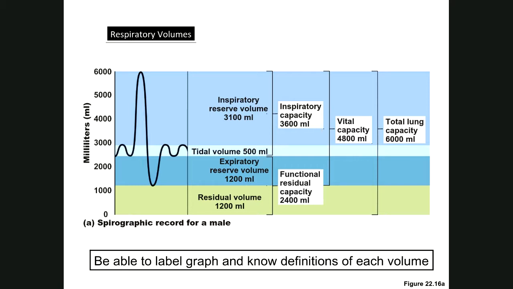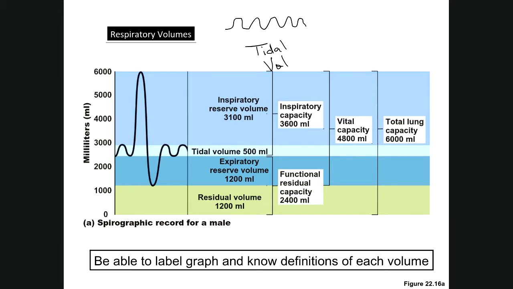So in a normal, quiet breath, people breathe like this, in, out, in, out, in, out. It's sort of like the tide going in and out. So it's called the tidal volume.